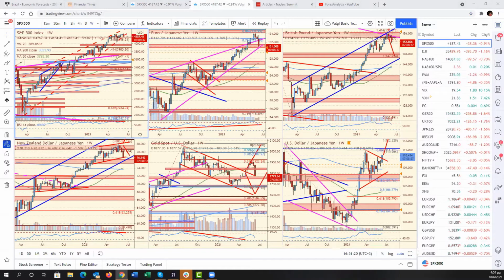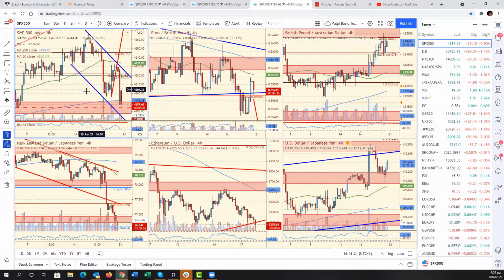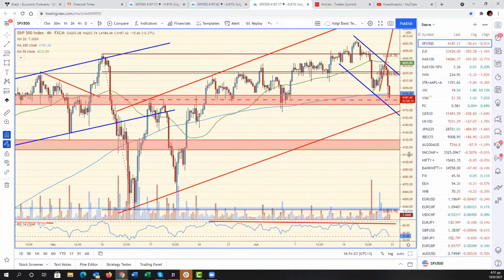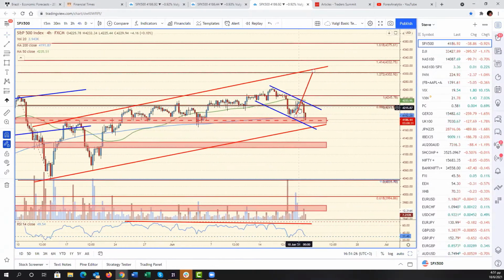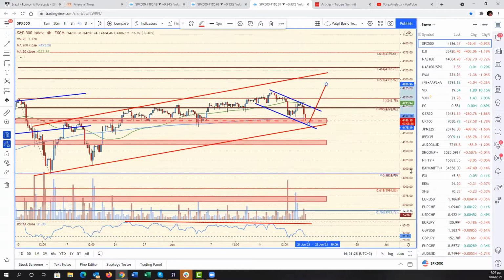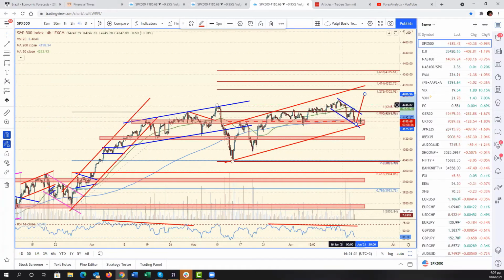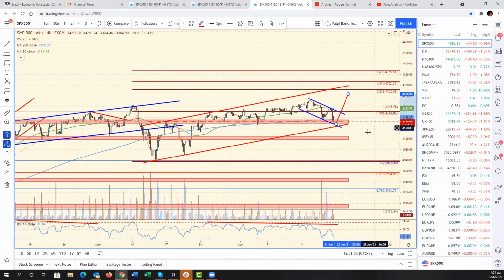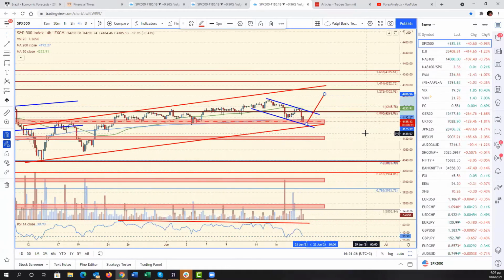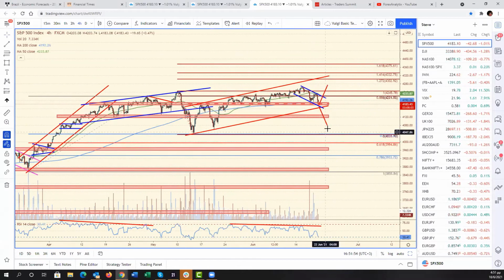Admittedly, if we go to the 4-hour chart, the corrective move so far has been playing out within a channel, which is textbook corrective pullback. Now, let's see if we can see what we saw in the currency market, meaning the vast majority of the pairs breaking through these potentially corrective channels to produce some kind of an impulsive move, which would show that the corrective move lower has way more to run.